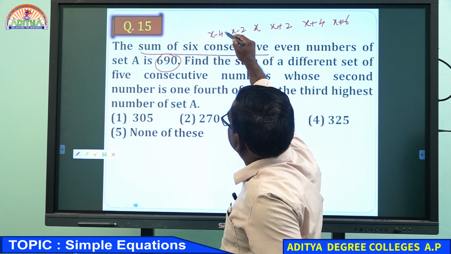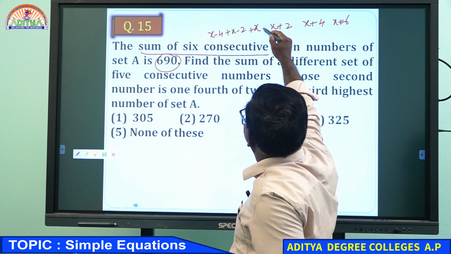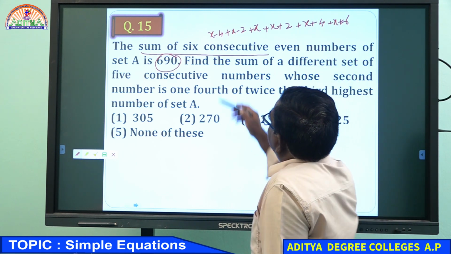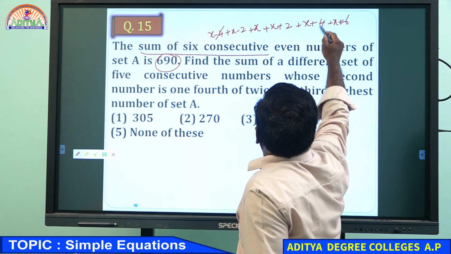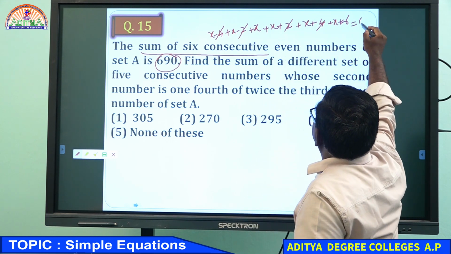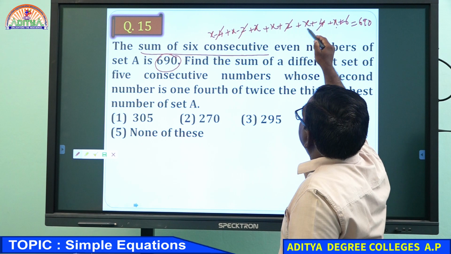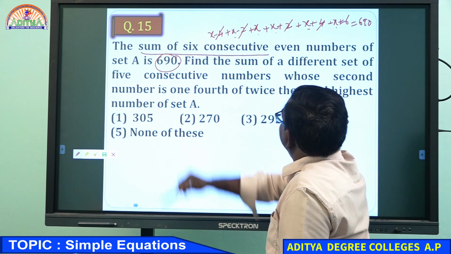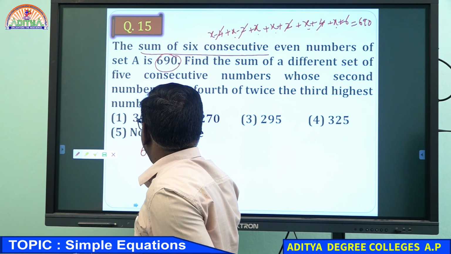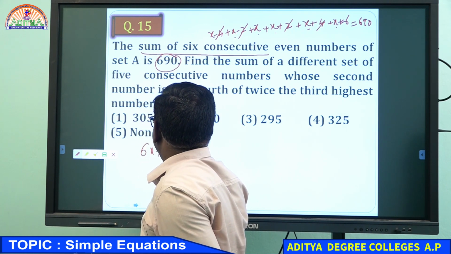I am adding now, plus, plus, plus, plus, plus. What happens here? Minus 4 plus 4, minus 2 plus 2 cancel. 1, 2, 3, 4, 5, 6. 6x plus 6 equal to 690.